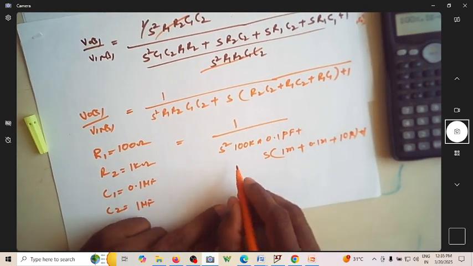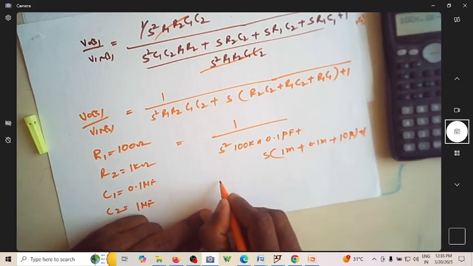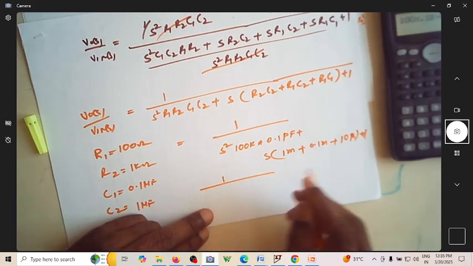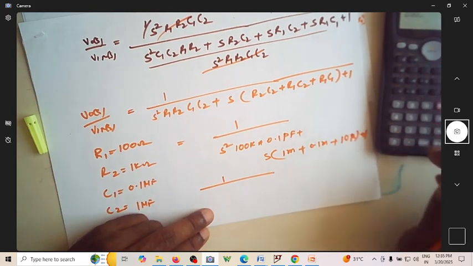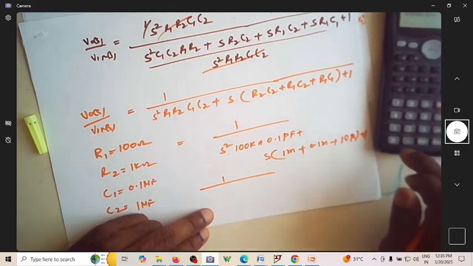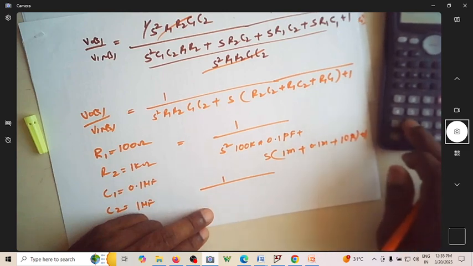So what is this now? It is 1 over 100 times 10 to the 3 into 0.1 times 10 to the minus 12.